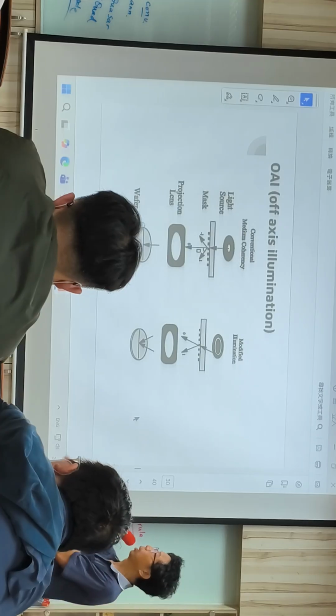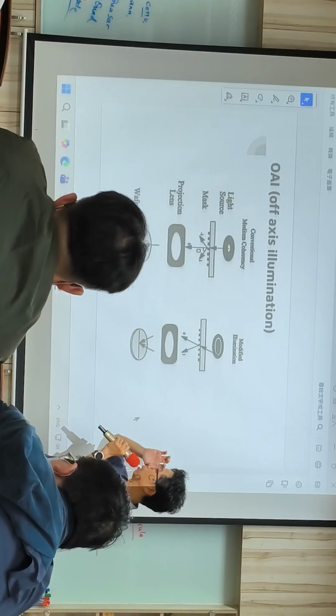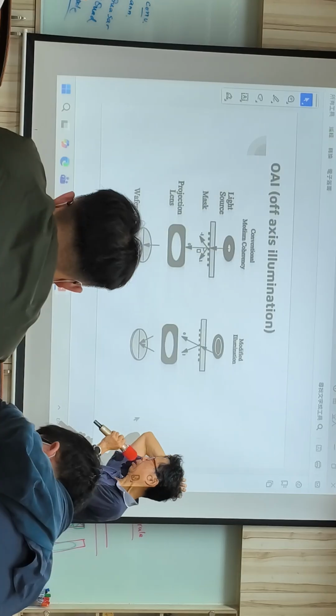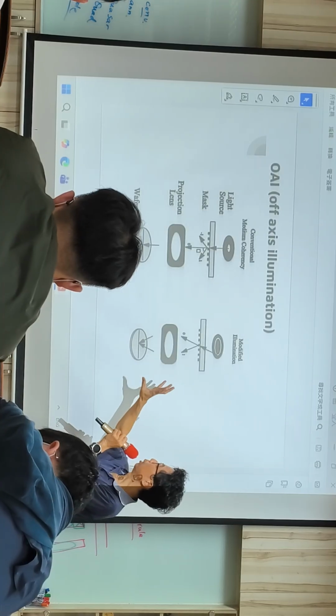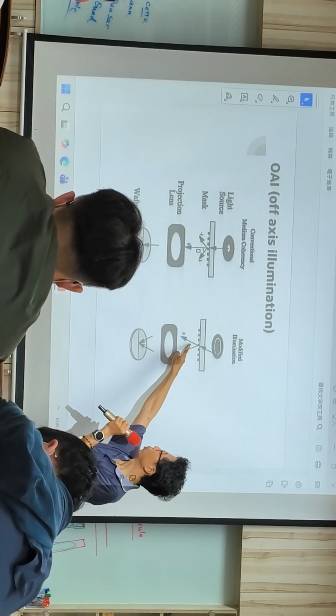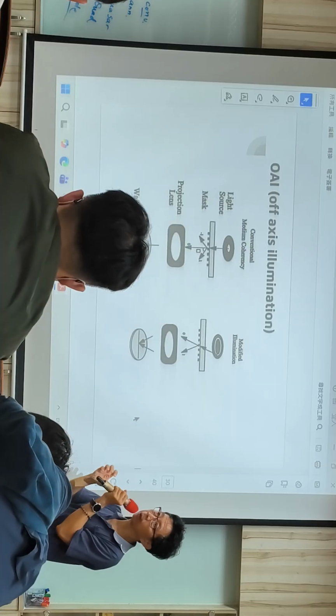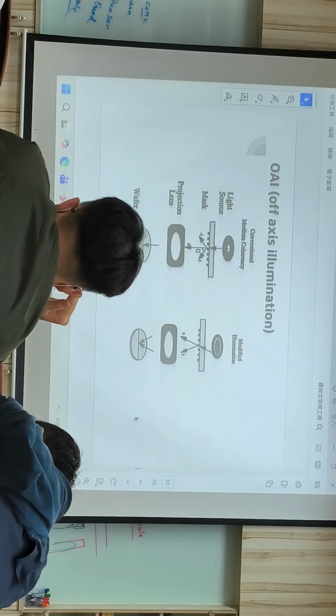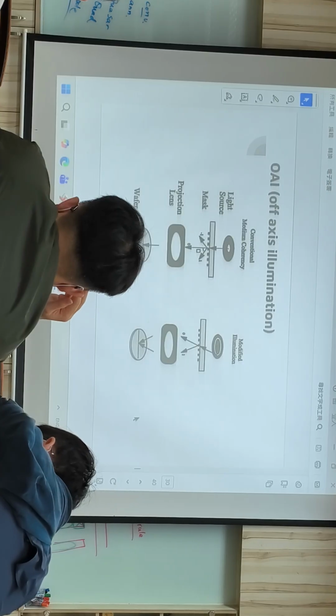So that's why, in the previous lecture, we told you that OAI will improve the k1. Because with conventional illumination, the k1 cannot reach 0.25.